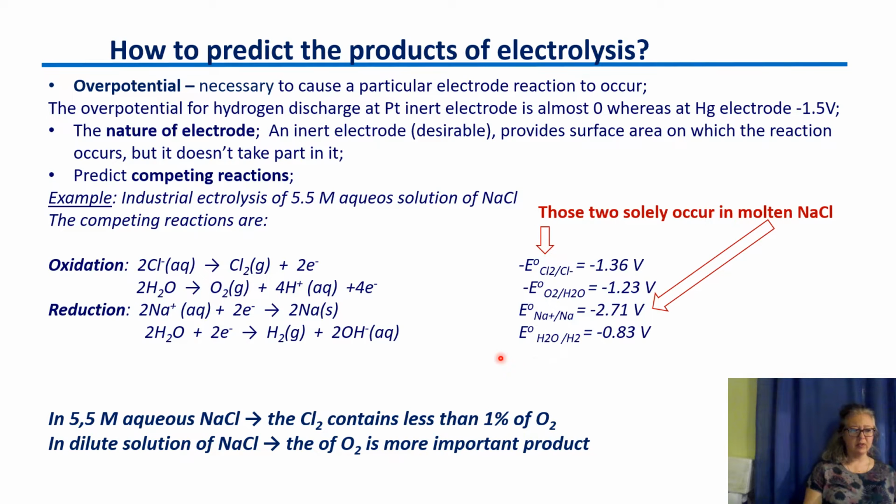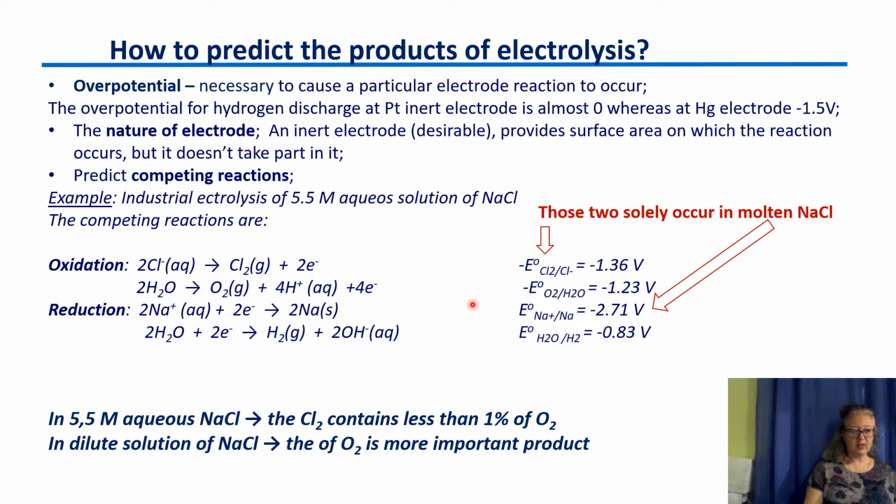However, if you want to predict the electrolysis products, we have to take into account the potential which is necessary to cause a particular electrode reaction to occur. For example, the potential for hydrogen discharge at a platinum electrode is practically zero, but at the mercury electrode it reaches about 1.5 volt.